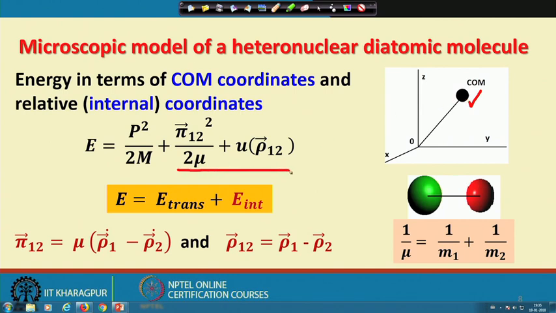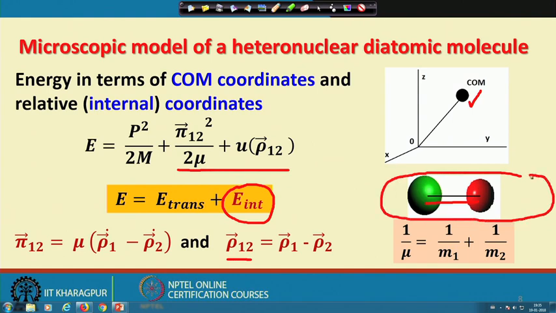I have another part which depends on the internal structure of the molecule, which is now called the internal energy, in terms of the internal coordinate rho 12, the relative separation between the two atoms. This internal motion is modeled with this atom being fixed, and whatever motion the entire molecule executes is approximated as the movement of a reduced mass mu about this fixed atom.